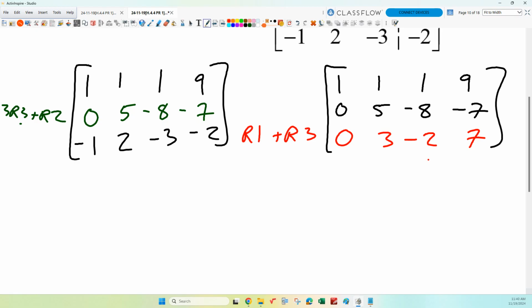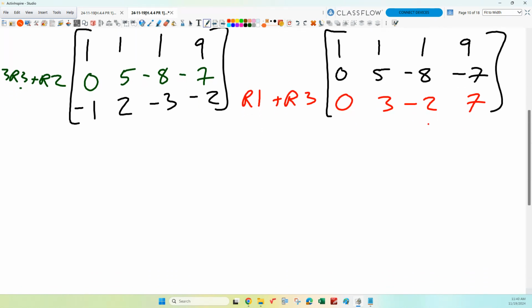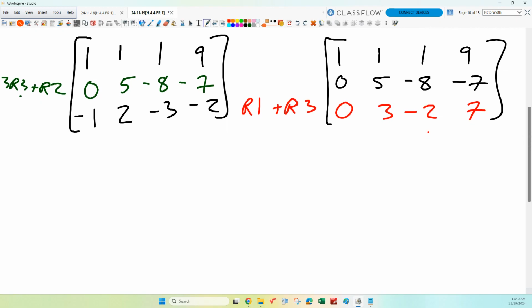Negative 3 times row 2 plus 5 times row 3. Everybody see that? Okay. We could break that into separate steps, but we could also just power through it and do that as one big step. Does that make sense? Gears are turning now. Okay. So let's do, whoops.